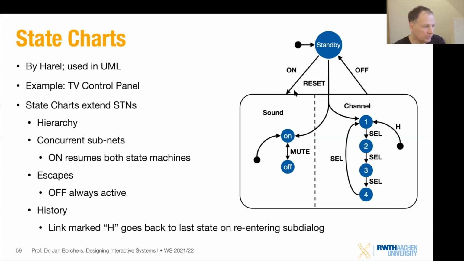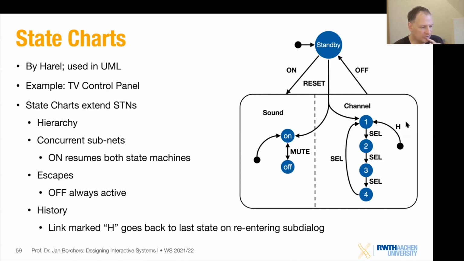How does that work? Well, the whole system is a state chart that starts, which is marked by this black dot here, with the standby state, which is basically off, but not completely off. If from here on I press the on button on my remote, that means that I get into this big state here.